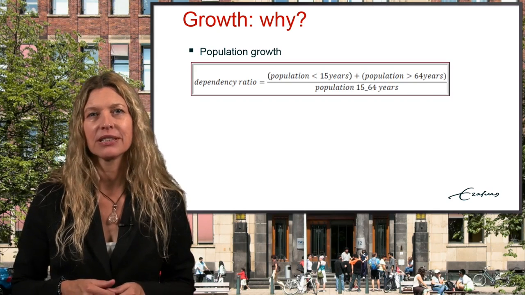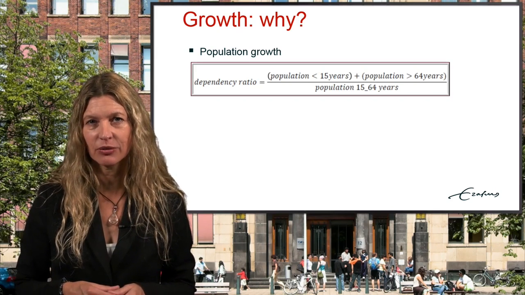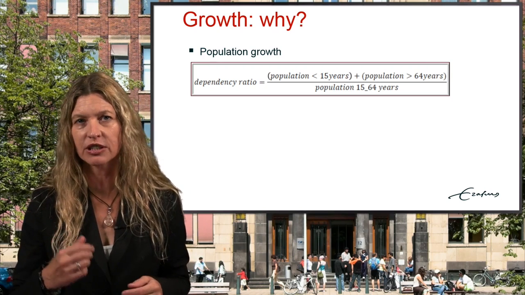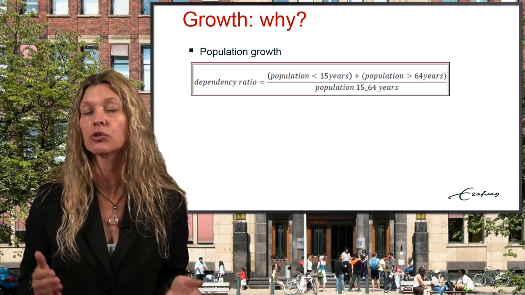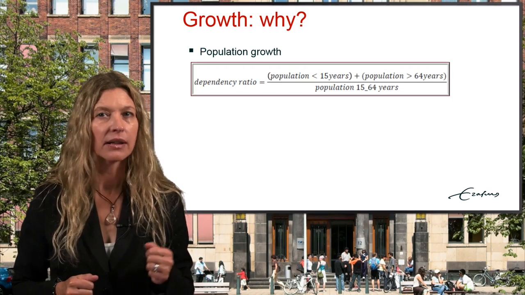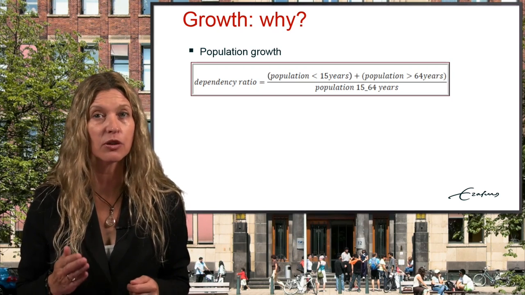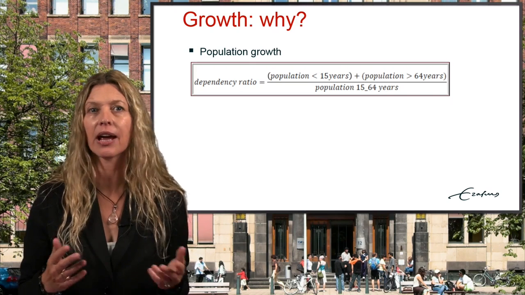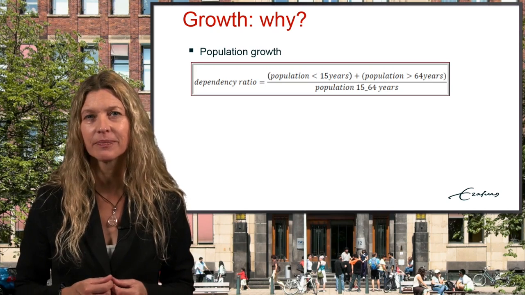We can measure this with the dependency ratio. The sum of those under 15 years and over 64 years old divided by those between 15 and 64 years. The higher the ratio, the heavier the burden on the working age population to earn an income for everybody in the economy.